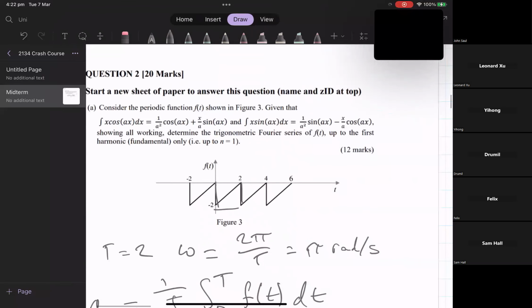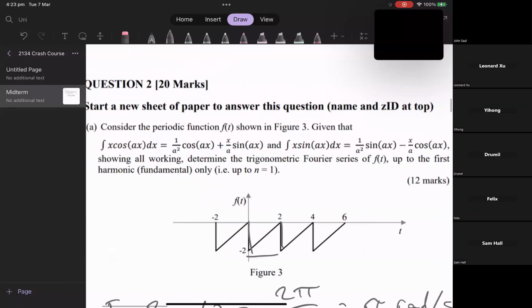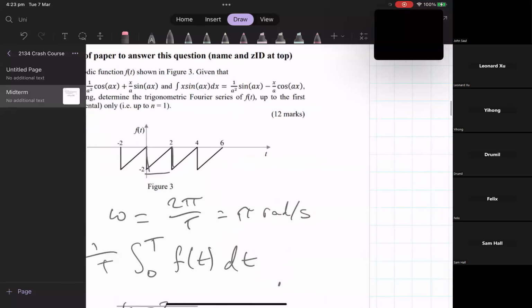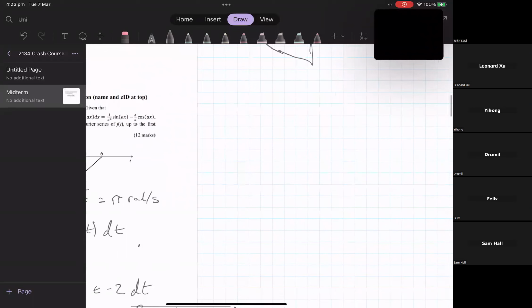Next, we're going to need these two formulas that they give us. I'll zoom in on them so you can get a good look. When we find b of n, we get this formula, 2 on T, integral of f(t) sine(n omega t) dt.